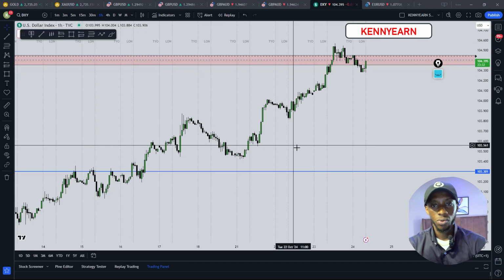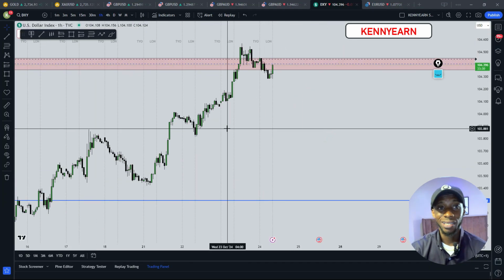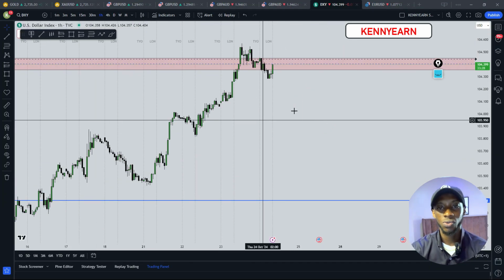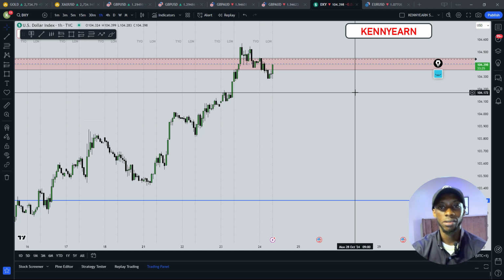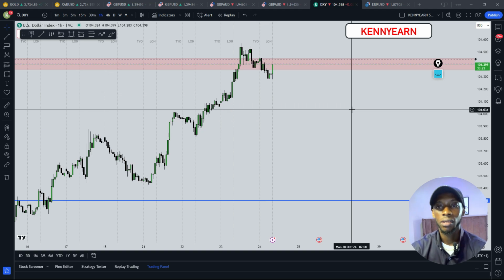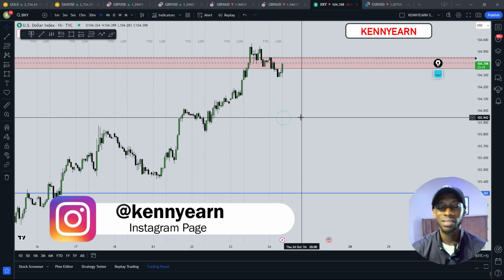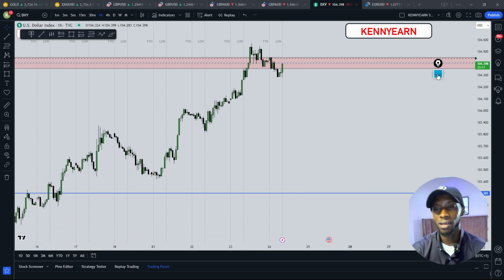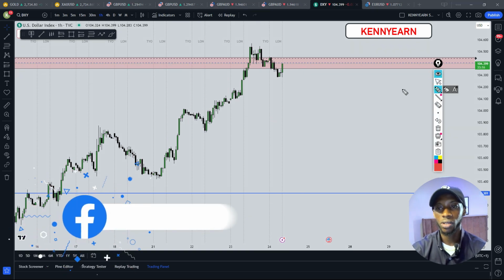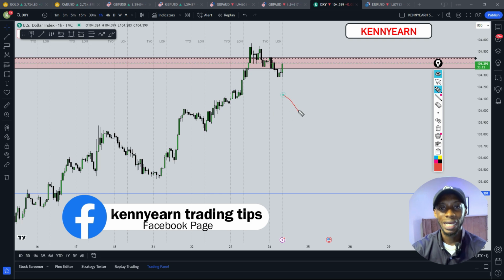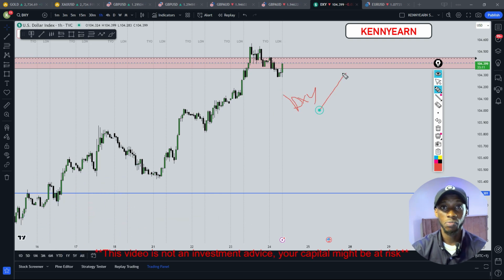All right, so I'll start with DXY, the dollar index. DXY is like the base currency, the dollar, so it affects all the major currencies. Back then, there were times when correlation worked, whereby DXY could be bullish and then EURUSD would be bearish.